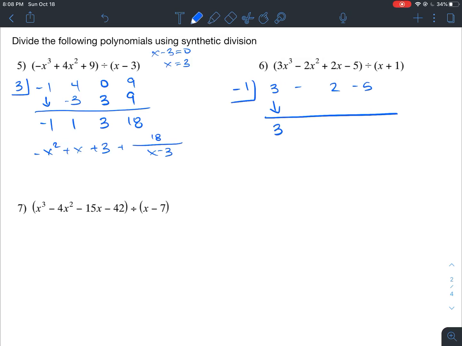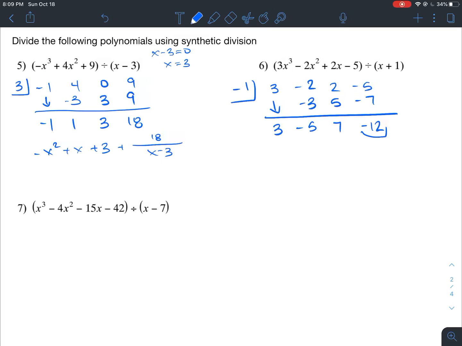Okay, so -2 plus -3 is -5. -5 times -1 is +5. 5 and 2 is 7. 7 times -1 is -7. And you add those, you get -12. So we have a remainder of -12.